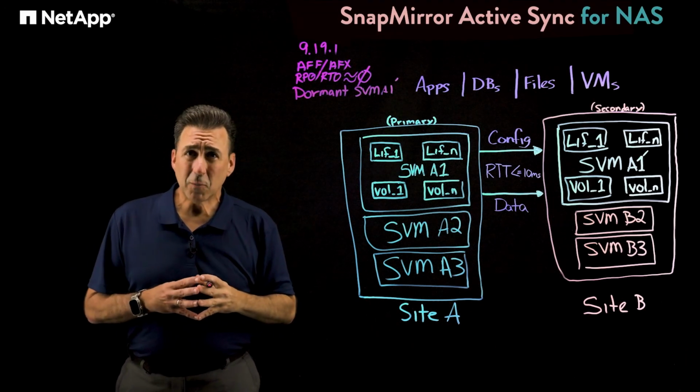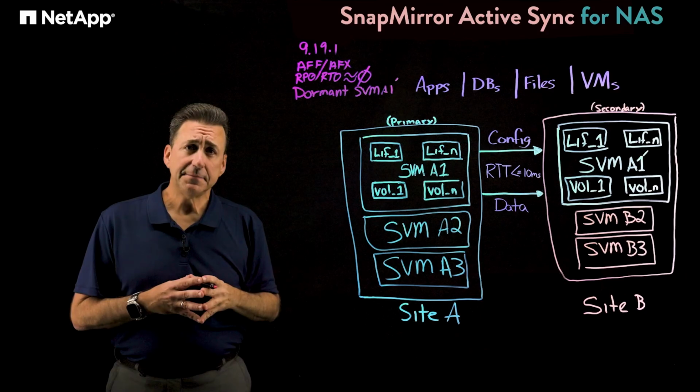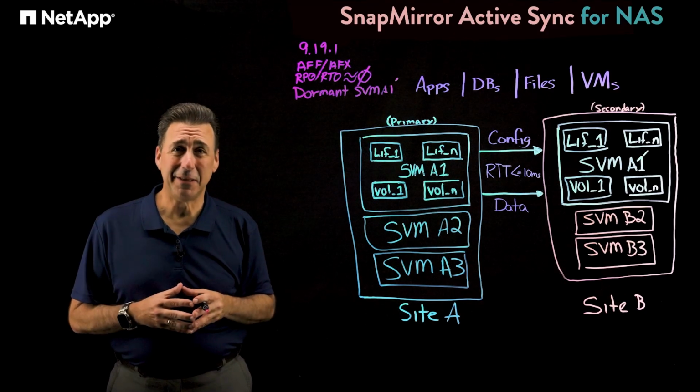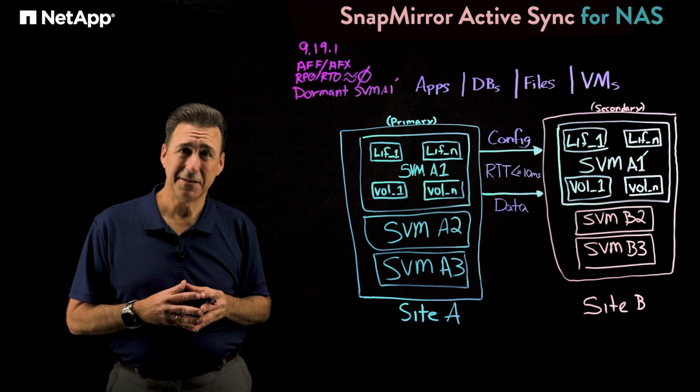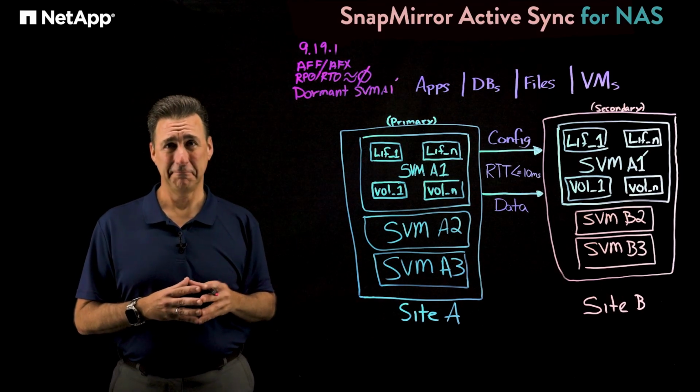Now, let's talk about the workloads a little bit. From a failover perspective, all versions of NFS and SMB3 continuous availability shares experience transparent application failover.